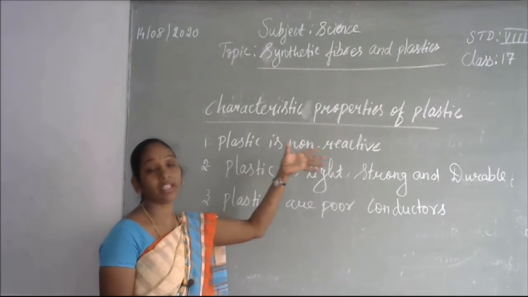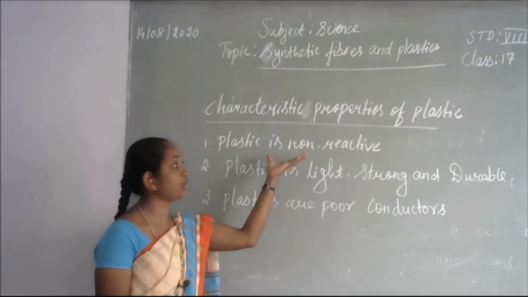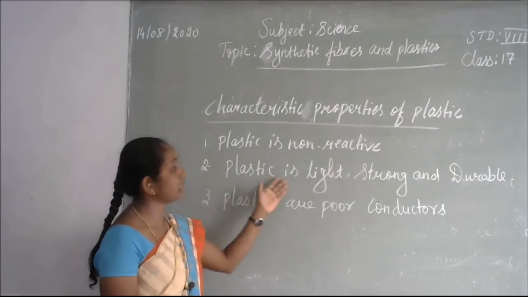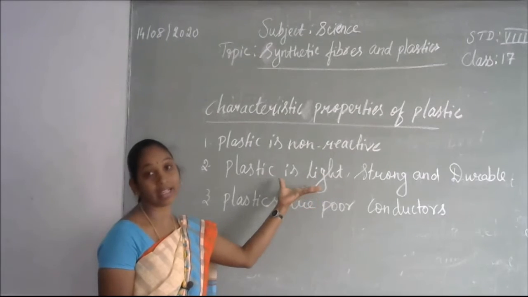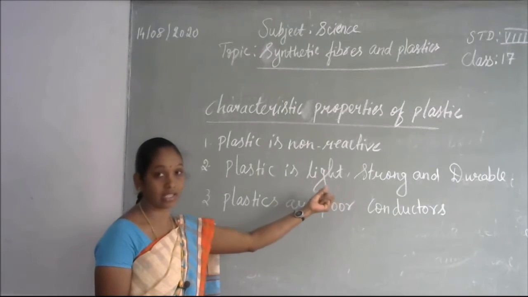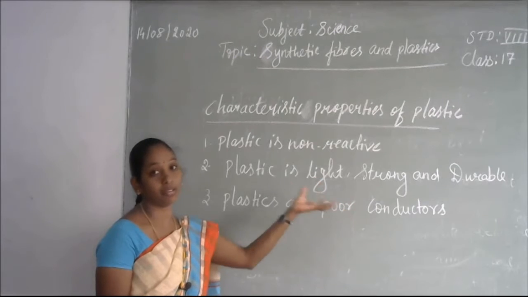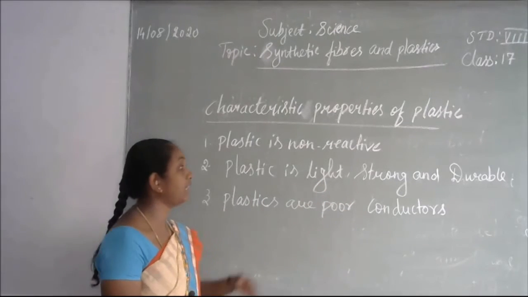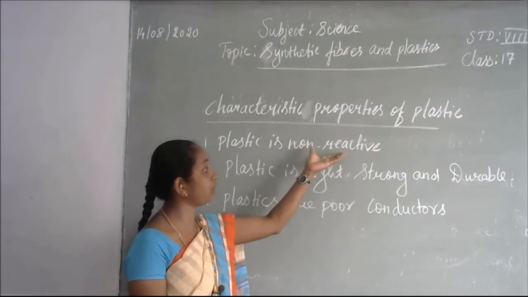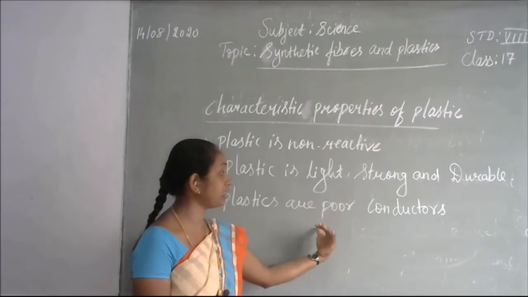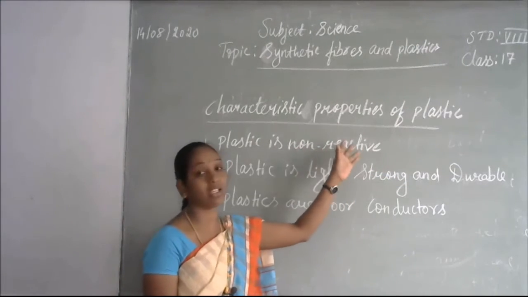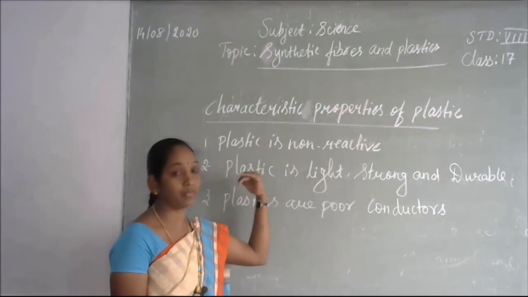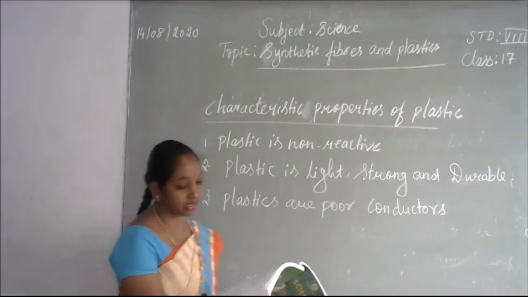It is very lightweight, strong and durable. Plastics are poor conductors of electricity. Non-reactive means it won't react to electricity, or to any chemicals or the atmosphere. That's why it can be used so easily. We will discuss these one by one now.